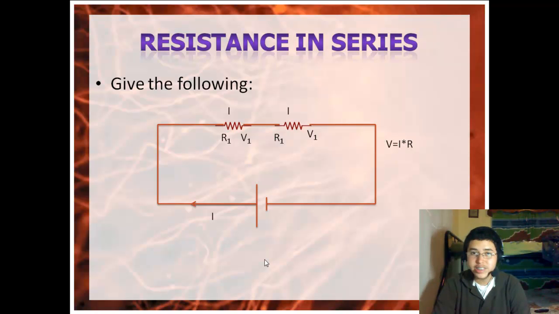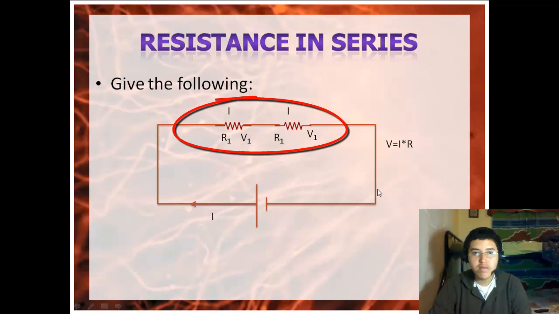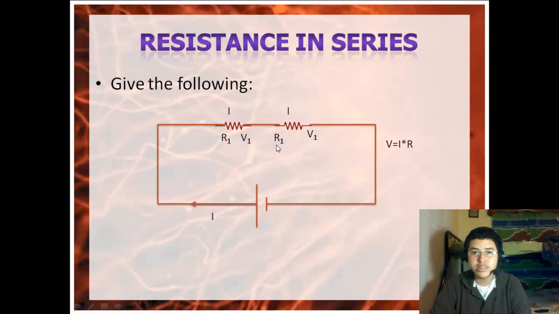Now for resistance in series, if we analyze this system, we will see that we have two resistors that are in series. Each one has its own resistance, resistance 1 and resistance 2, and its own voltage.